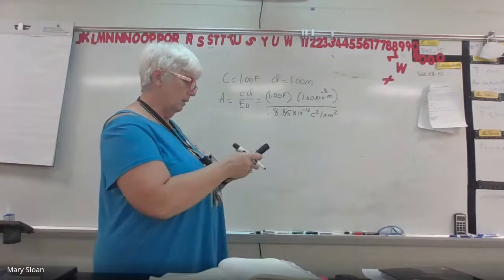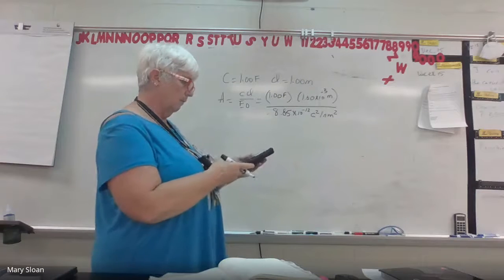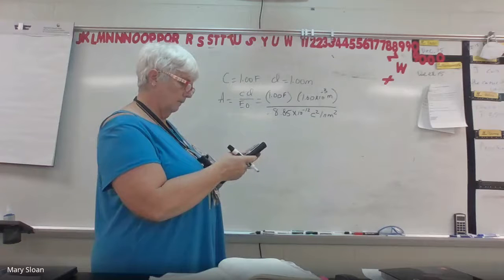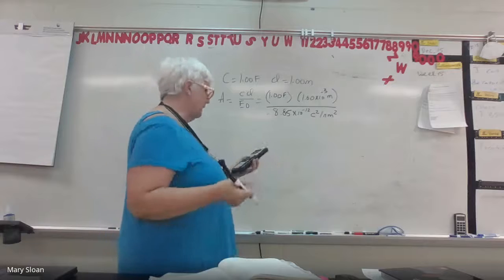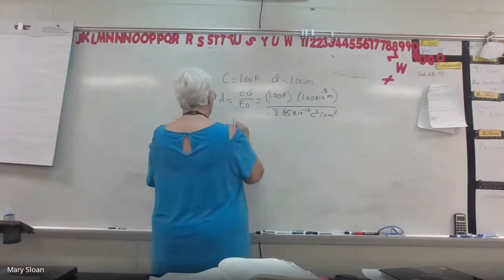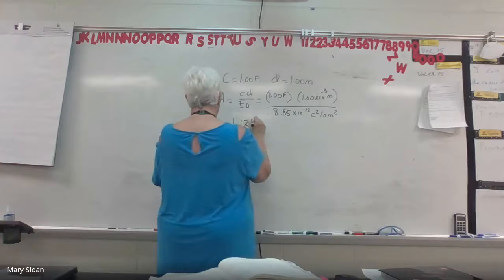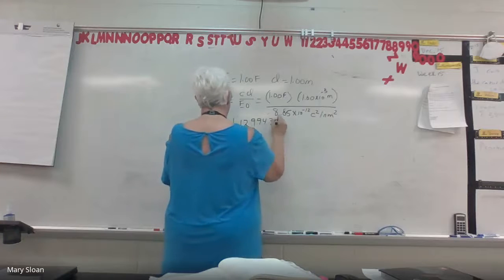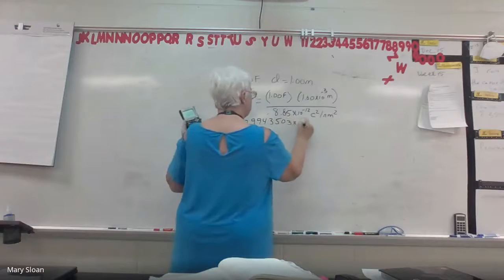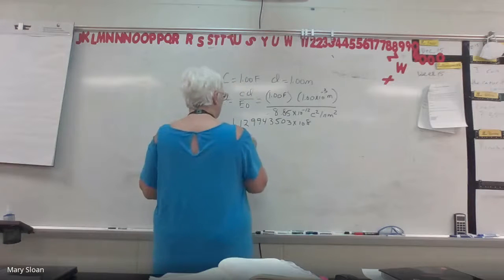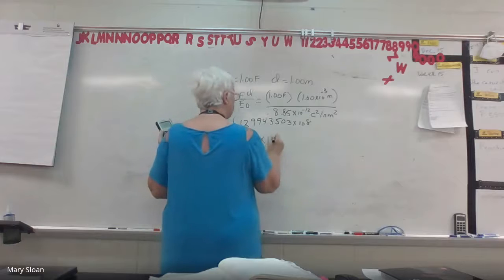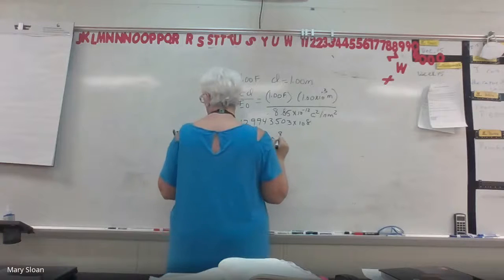And what am I getting? I did scientific notation. Mine was 1.129943503 times 10 to the 8th, which I went and rounded up to 1.13 times 10 to the 8th power.